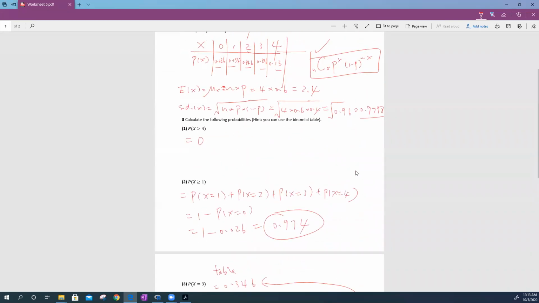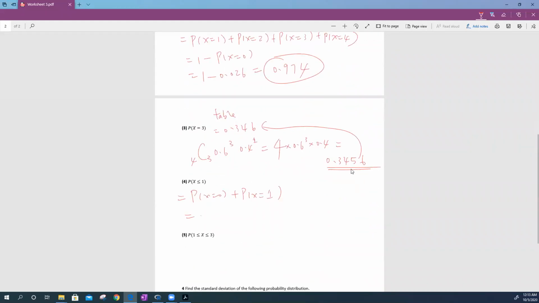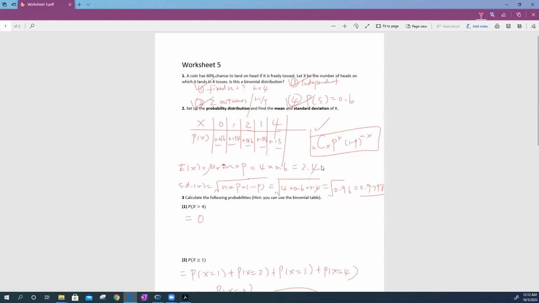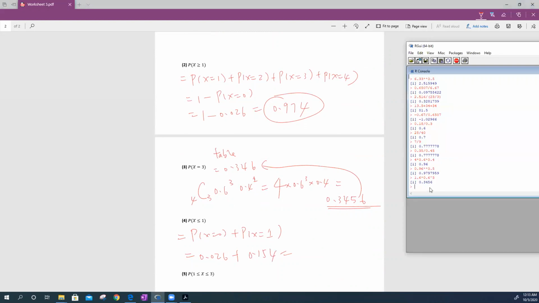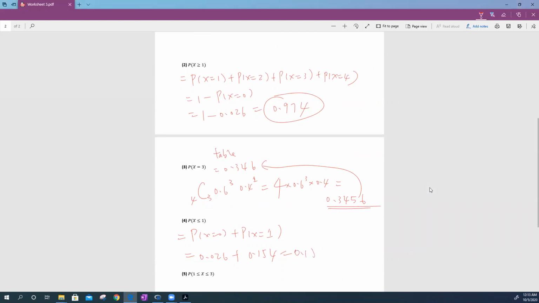Probability of x equals 0 is 0.026. Probability of x equals 1 is 0.154. So simply do the addition. So that'll give us 0.18.